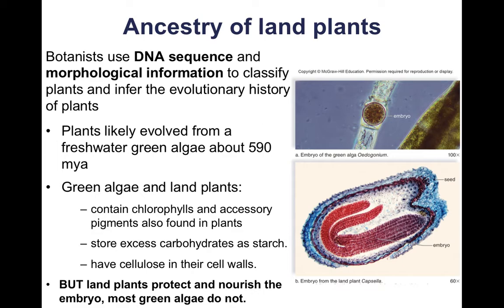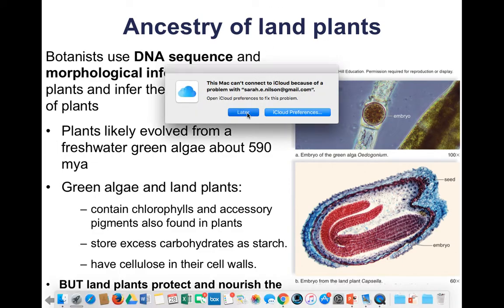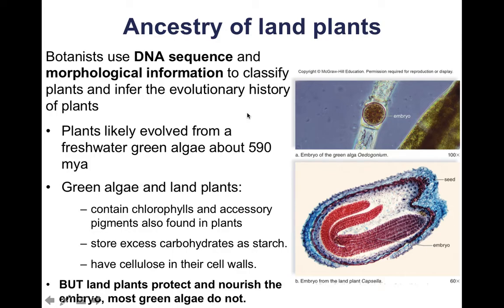So both these groups contain chlorophyll, which they use to capture light energy from the sun. And they also have similar accessory pigments that are used primarily in photoprotection. They also both store excess carbohydrates as starch, and they have cellulose in their cell walls.